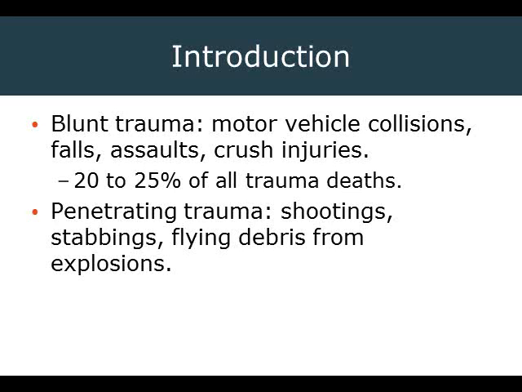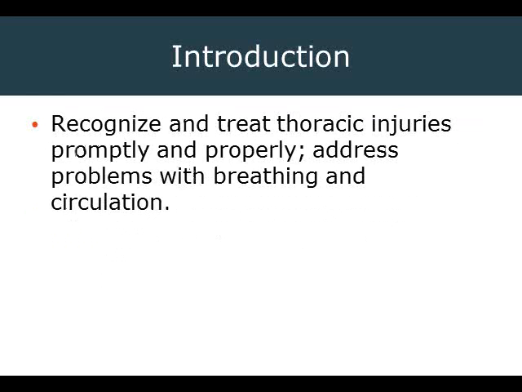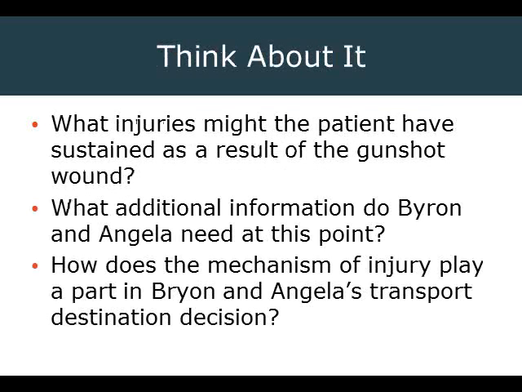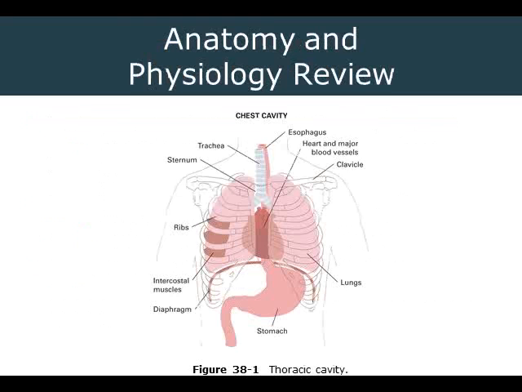Penetrating trauma comes from shootings, stabbings, and flying debris from explosions. It is our intent to recognize and treat thoracic injuries promptly and properly and address problems with breathing and circulation. It goes with your case study.